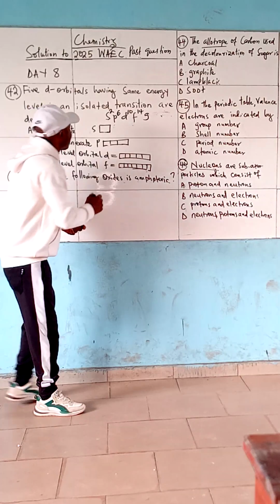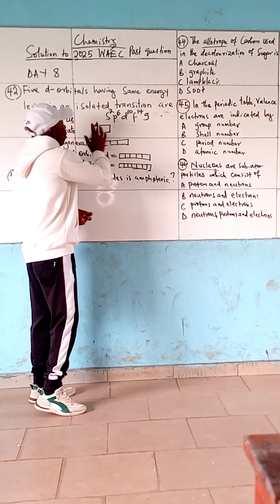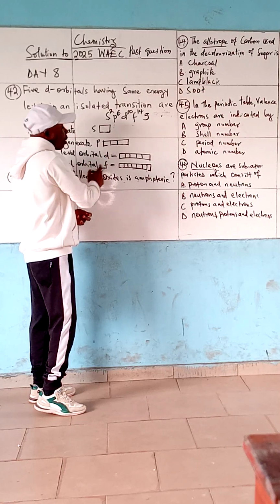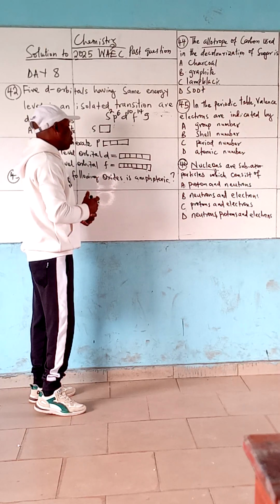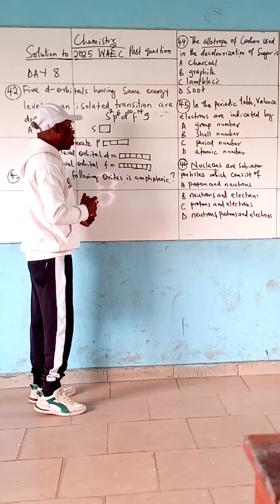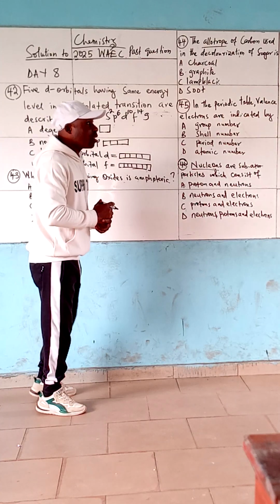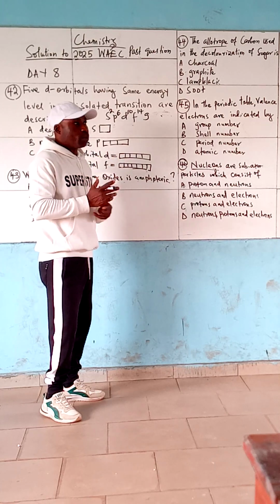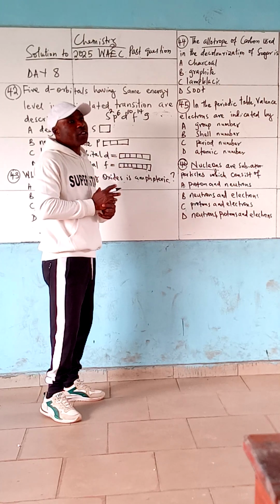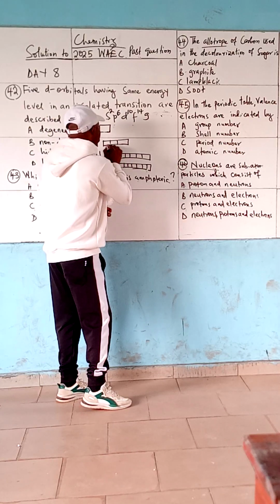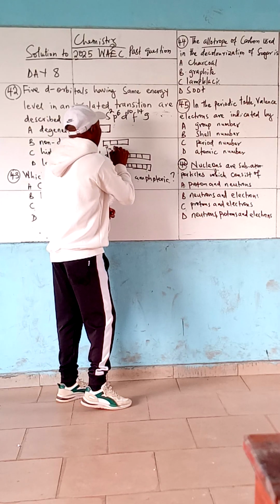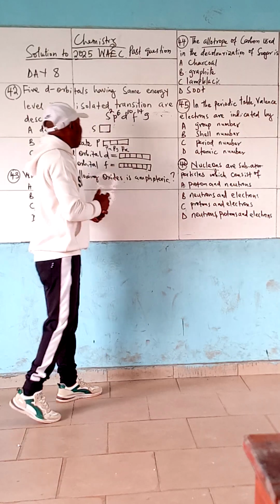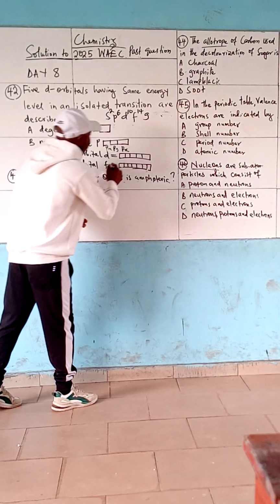Which means that S orbital is not a degenerate orbital, but P, D, F, and possibly G orbitals are degenerate orbitals, which means there are more than one different possibilities for the same energy level. So we can have Px, Py, and Pz. That is for P. We have still D and F.